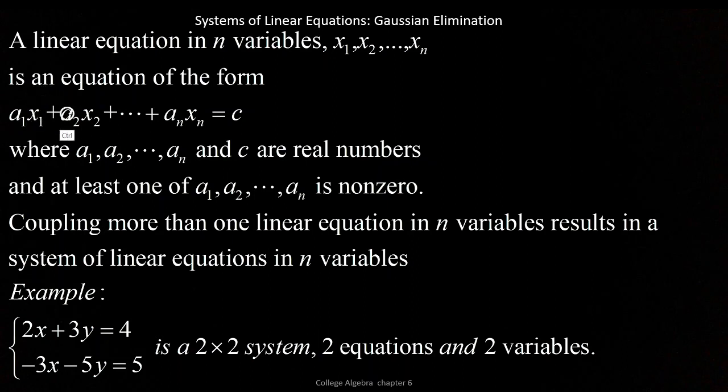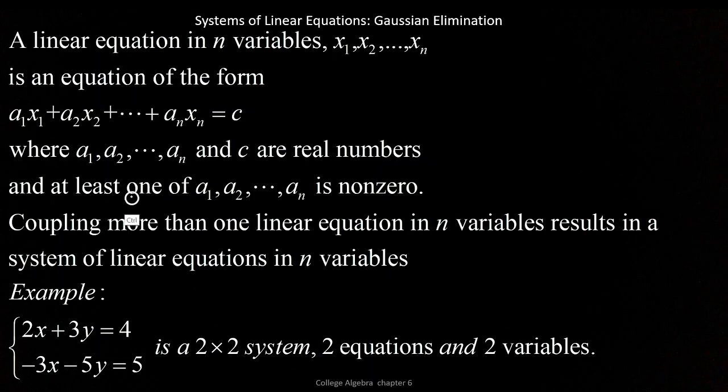You can call this x, call this y, call that something else. But if you name them with subscripts, there is no limit to how many variables you can have. If you call them x, y, z, then you have 26 letters, and after that, you run out of letters. So this is a linear equation with n variables.